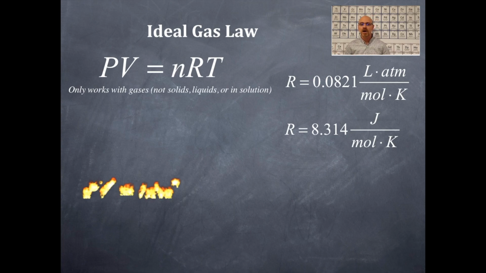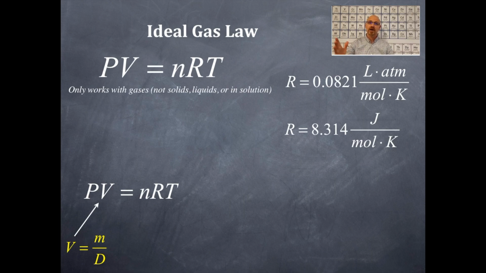All right, so Pivnert, PV equals nRT. What I'm going to do is rearrange this and do some substitution, and solve for density. You can always do this. I'm going to derive it for you, and then I'm going to tell you a way to remember it. V is for volume, and the volume is the mass over the density.